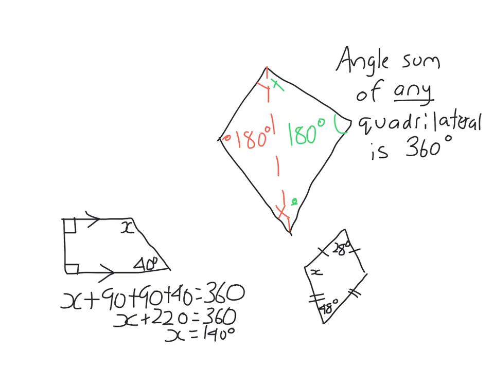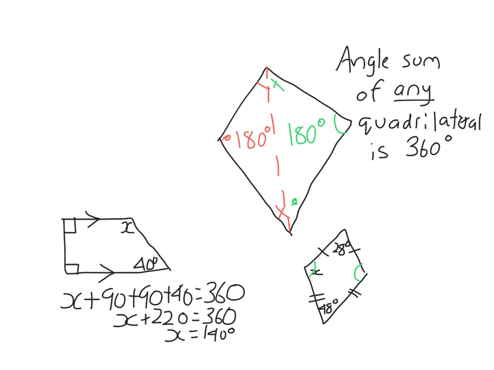So let's try and find the angle x here. Whereas the last shape was a trapezium because it had one pair of parallel sides, this shape here is a kite. It has no pairs of parallel sides, but adjacent sides are equal. So we need to know the properties of a kite. It turns out that these two angles, where the two different length sides meet, are always equal in a kite.